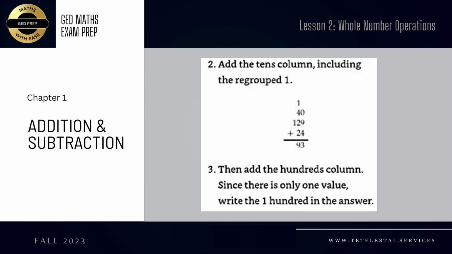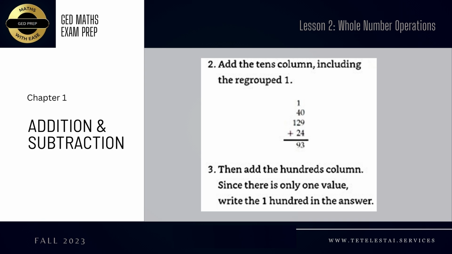And then in the hundreds column, since it only has 1 digit, you write down 1. So now we have our sum total, which is 193, right? And so again, these are basic operations that you already do every day.